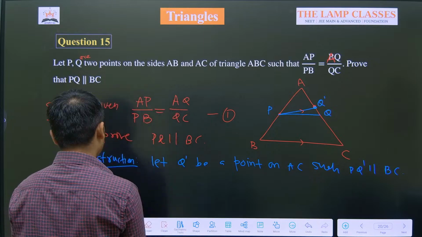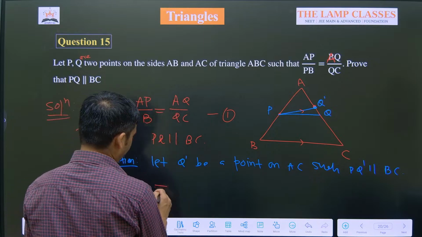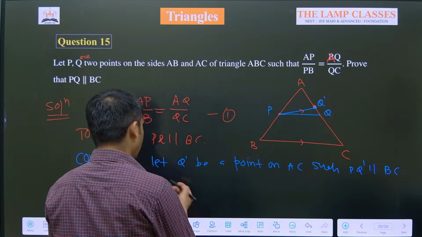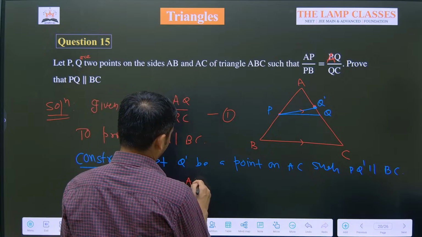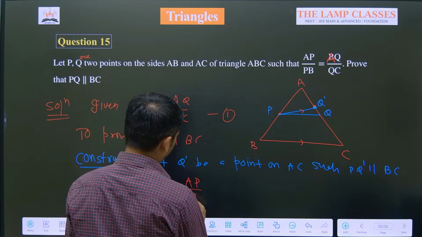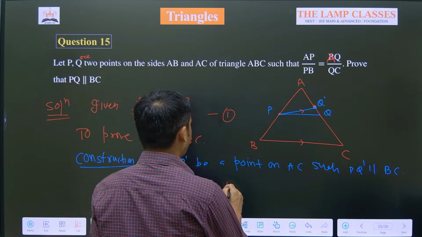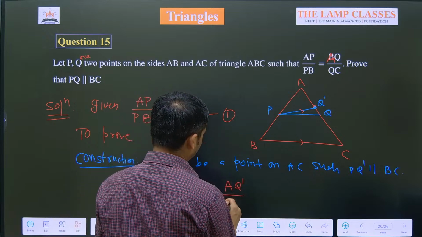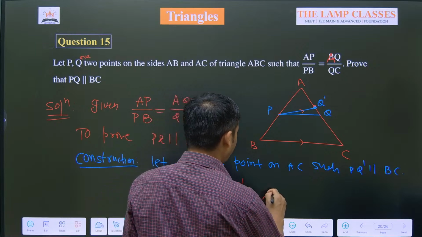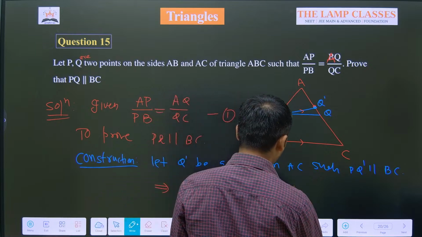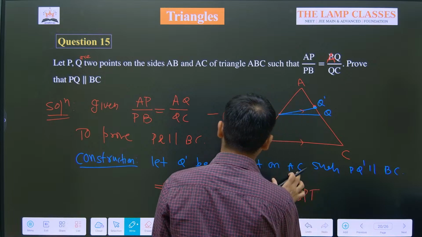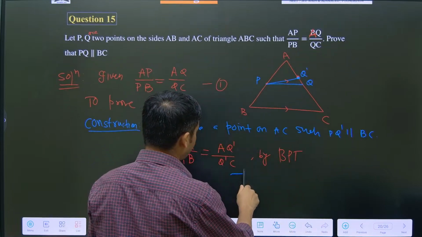So if that is the case, we can clearly say here AP upon PB must be equal to AQ dash upon Q dash C by the BPT theorem. You can name this as the second equation.